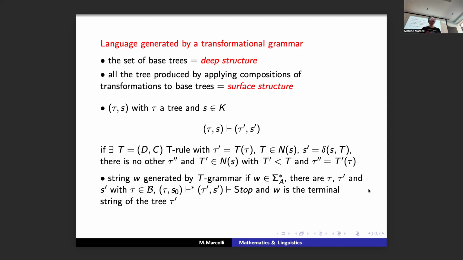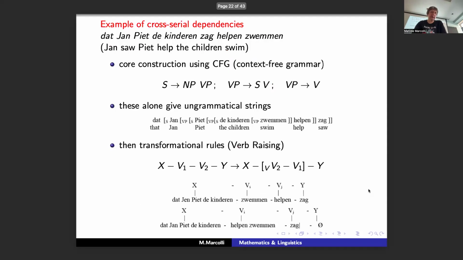In some sense, this deep structure should be closer to something that could be formulated in a language-independent way, while the surface structure captures the language-dependent part. But this is never quite entirely fitting. At least it's where this idea of deep structure and surface structure was coming from.